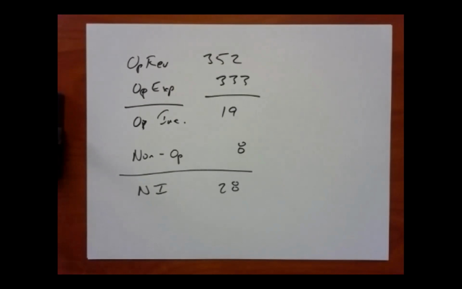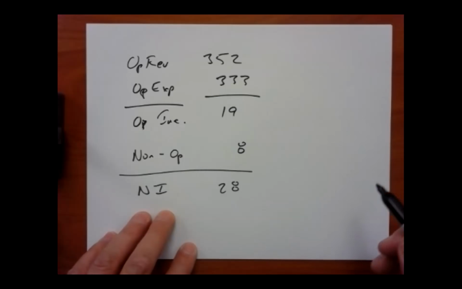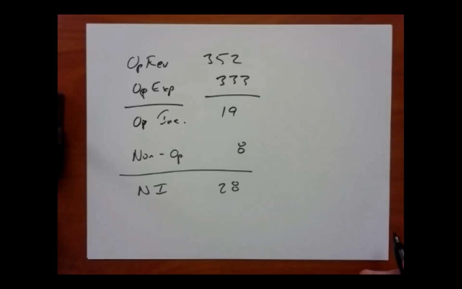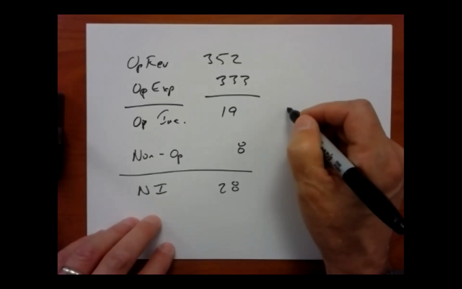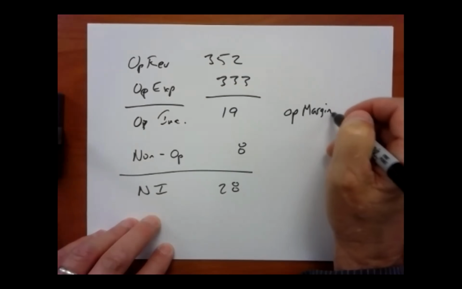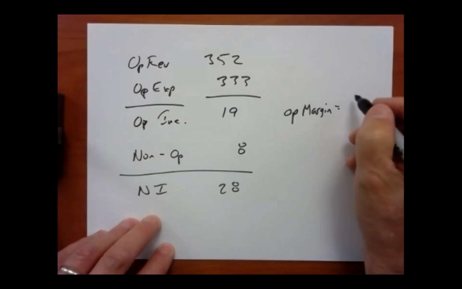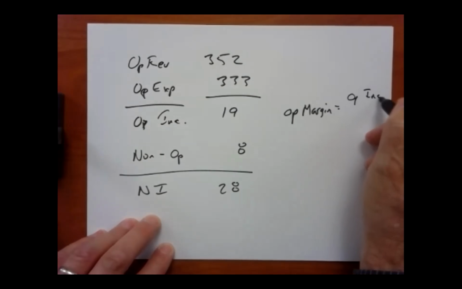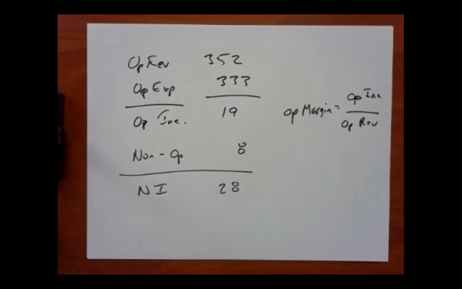I need to teach you two ratios in the time we have remaining. The first ratio is operating margin, which I'm going to abbreviate as op margin. Operating margin is operating income divided by operating revenue. It's pretty simple.